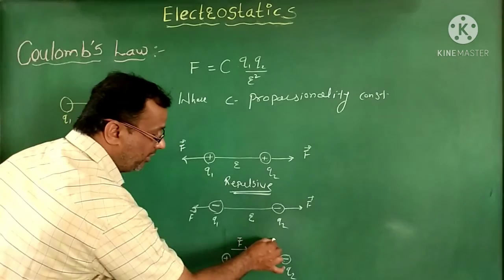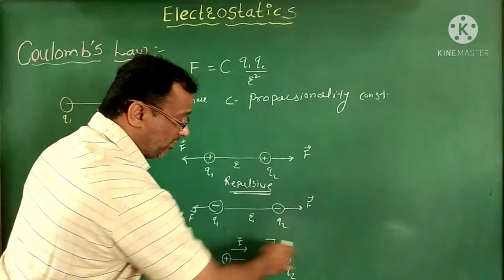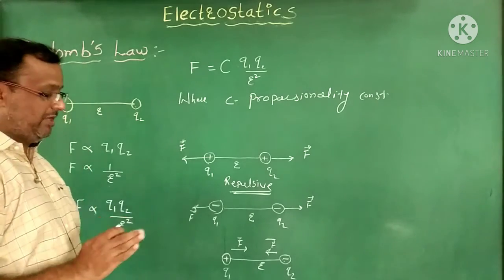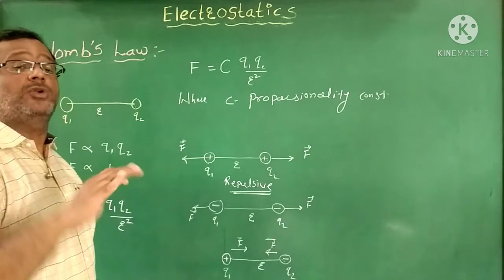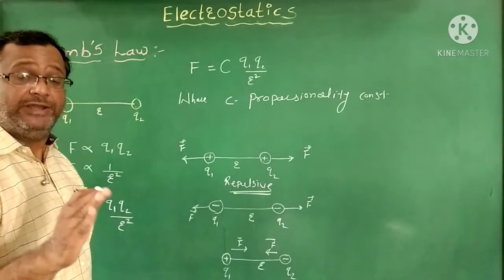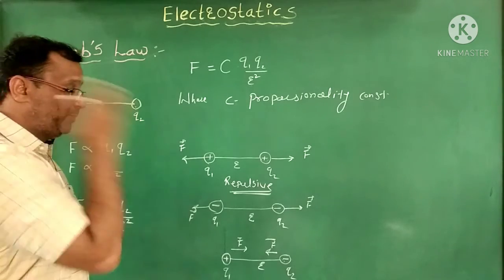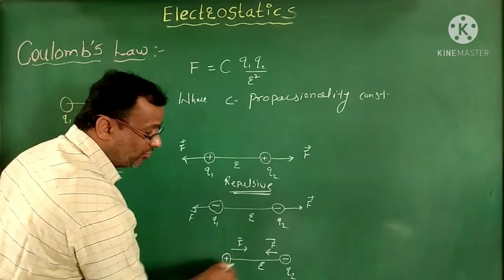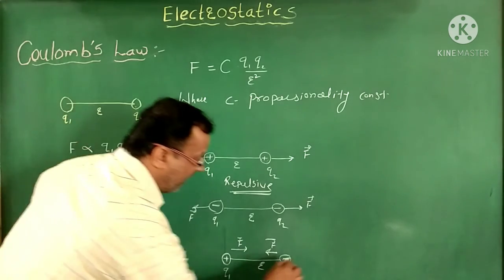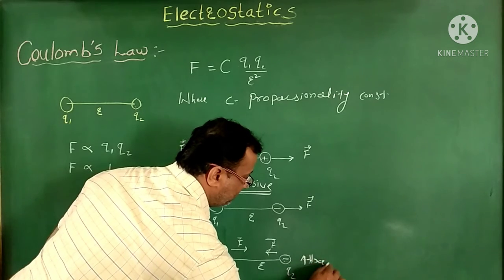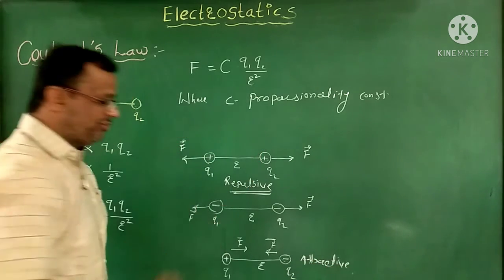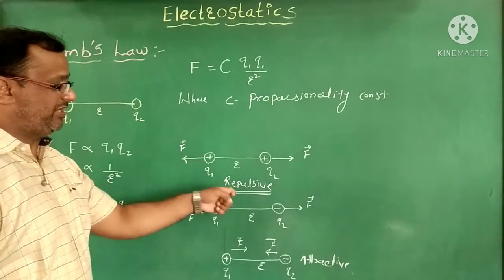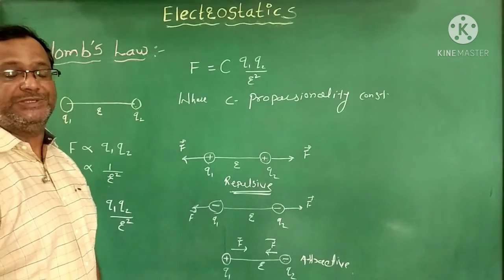It means that due to this force, the distance between these two electrical charges decreases, and we know that the distance between two bodies or two charges decreases only if an attractive force is produced between them. So the nature of force for this case is simply attractive, and for like charges, the nature of force is repulsive.